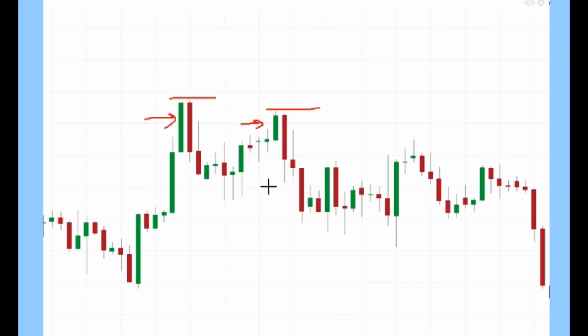How I would teach you to trade this is the second top should be lower than the first. As you can see, there is a sliding line from this first one to the second one. It is a lower high.